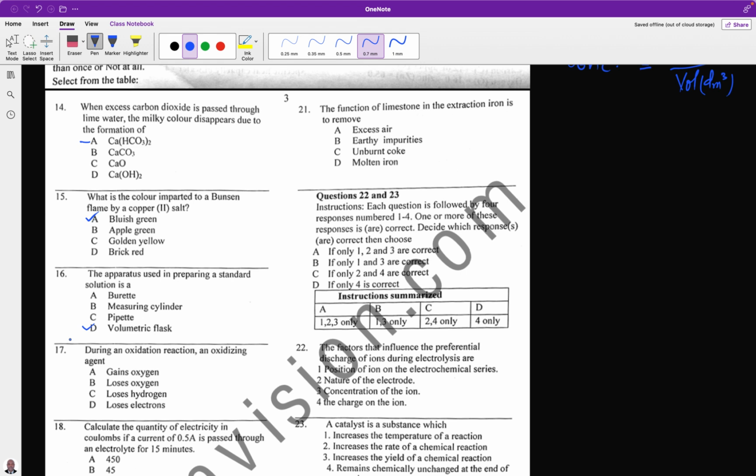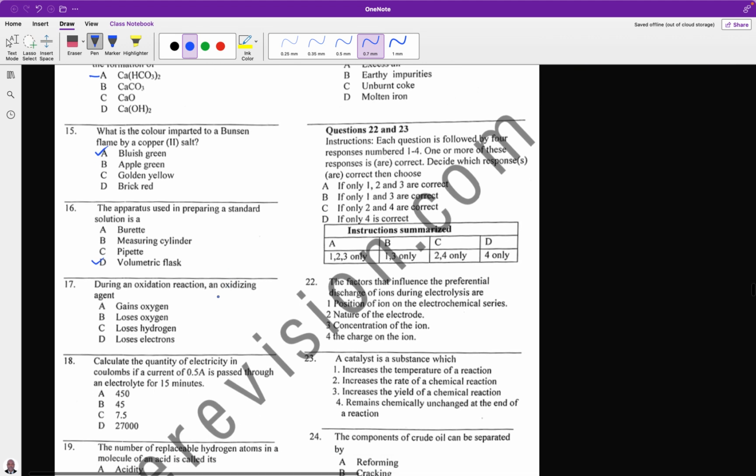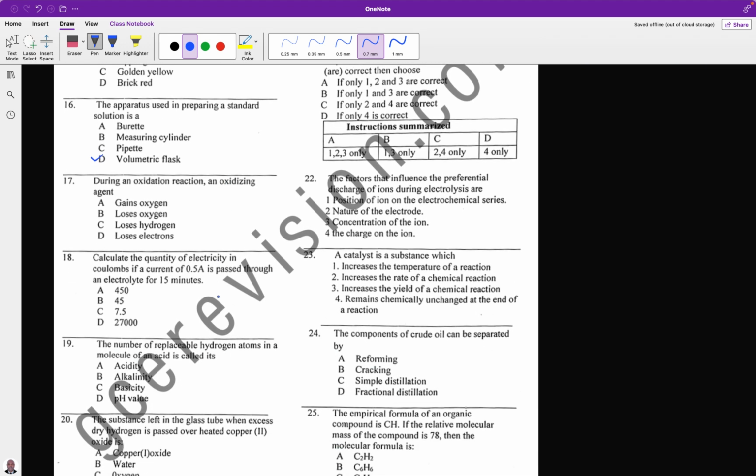Question number 17. During an oxidation reaction, an oxidizing agent will gain oxygen, lose oxygen, lose hydrogen, or lose electron.